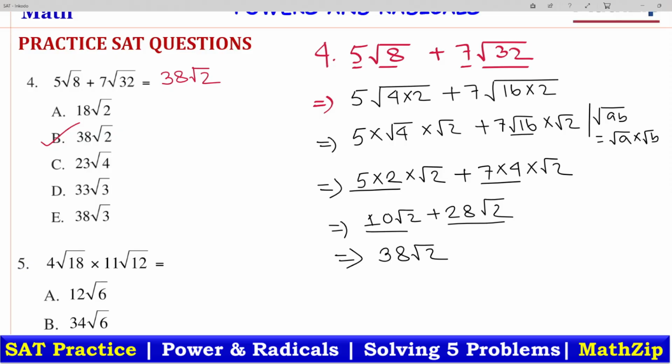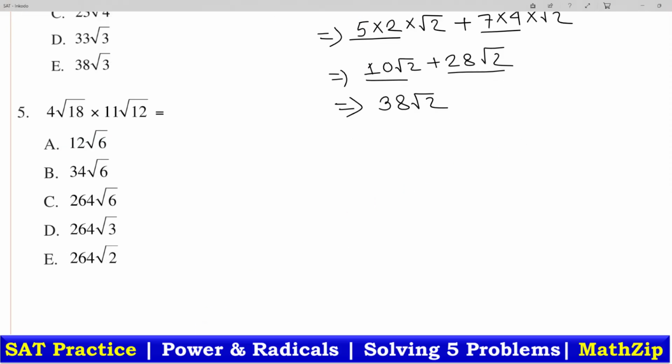Very simple. Number 5: 4 root 18 times 11 root 12. We have to find out the value. This one also we have to factorize. How?